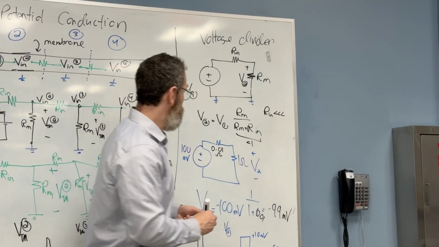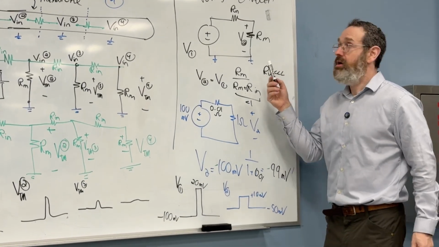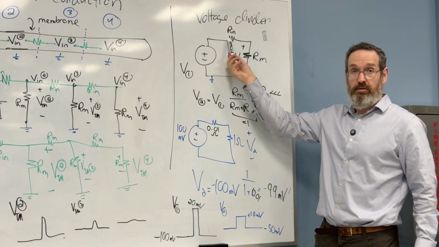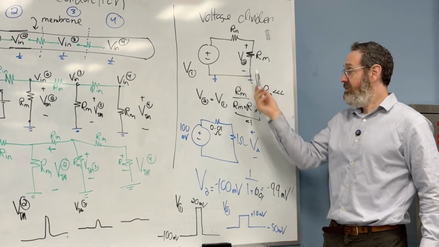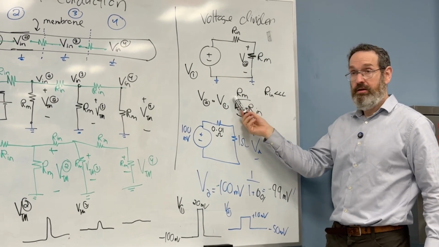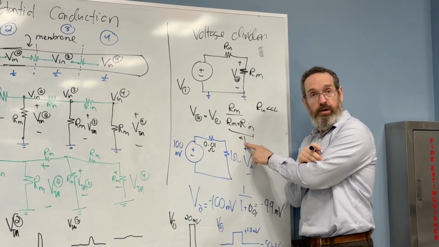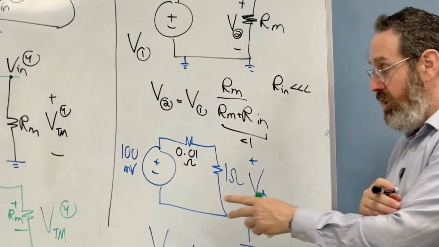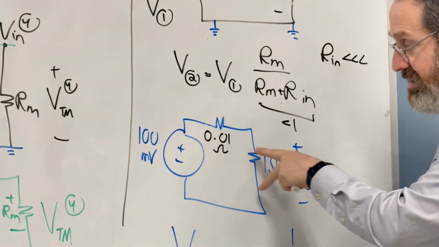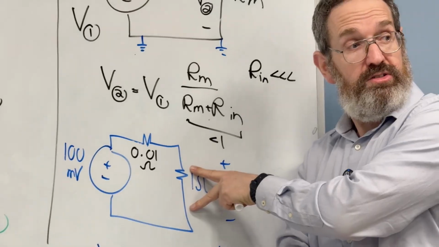Okay, so according to the voltage divider equation, if this becomes very small compared to this, then this quantity can approach, does not get there, but can approach 1. And if it approaches 1, then the drop from here to here is real but smaller.